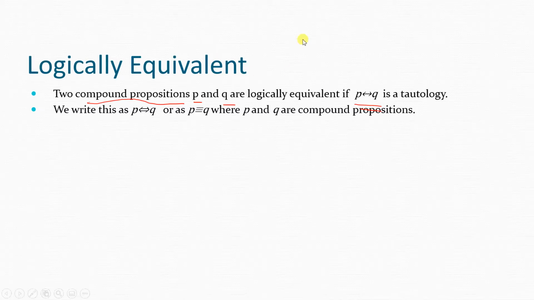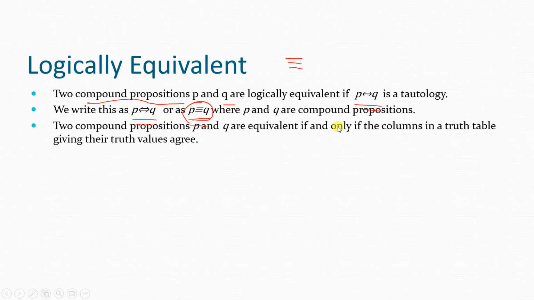The notation for equivalent propositions is used sometimes this way, and sometimes we use this notation. In your book, this notation is used. Whenever we have to say that two propositions are equivalent, we will be inserting this symbol in between the propositions, where P and Q are compound propositions.